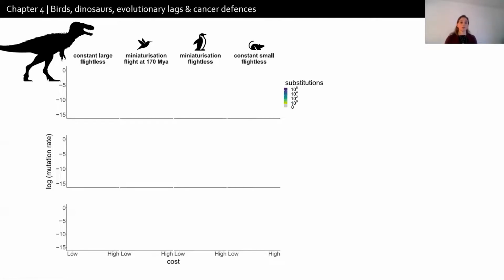So first, I will show the number of substitutions that happened in these different cases. And this goes from gray, where there were no substitutions at all, and from yellow to blue and darker blue, it will indicate more substitutions. And each small pixel will correspond to a combination of mutation rate and cost.